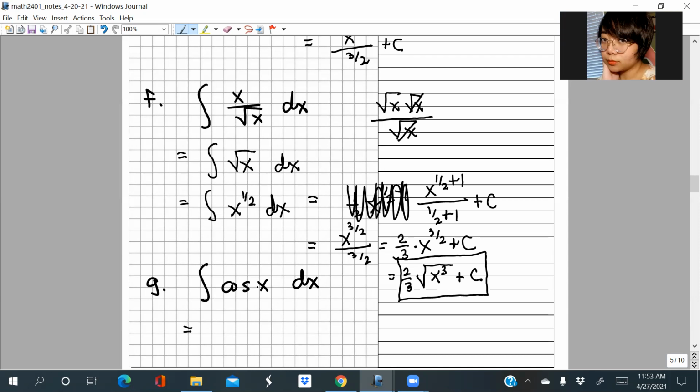So remember, the question you're asking yourself is, what function, when I differentiate it, will give me cosine of x? You are not asking yourself, what is the derivative of cosine of x? We're not differentiating here, we're integrating. So you have to ask yourself kind of the reverse question.